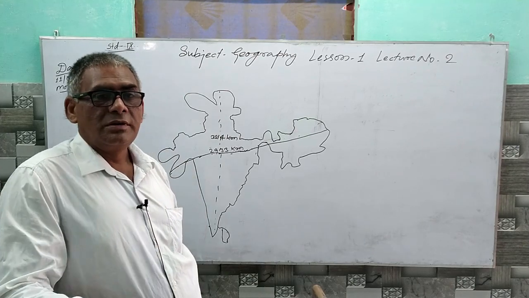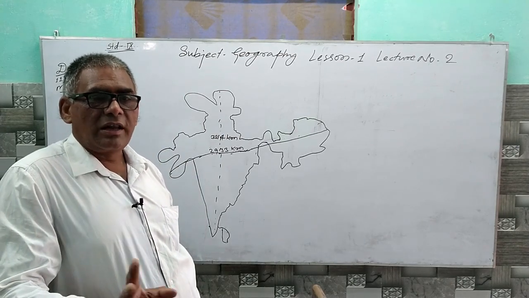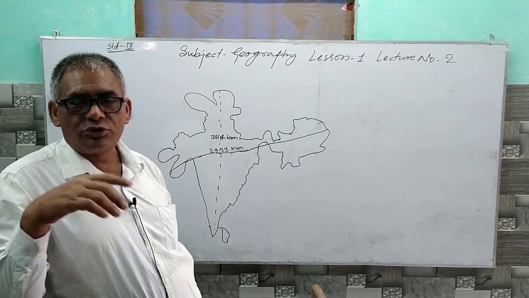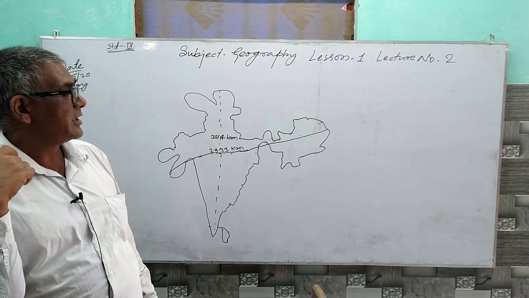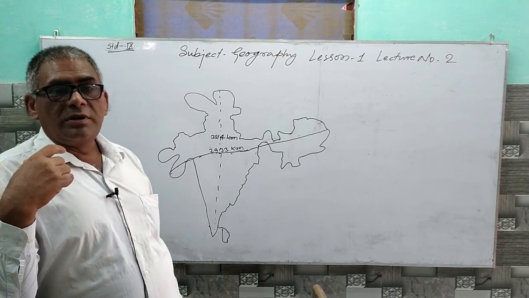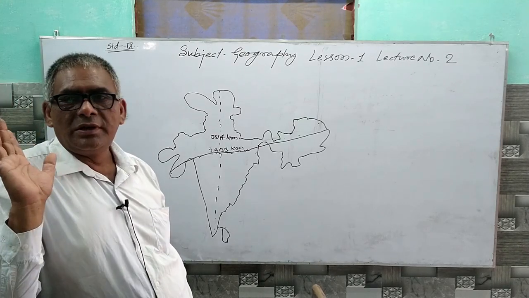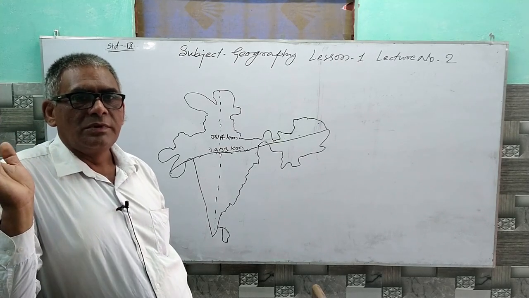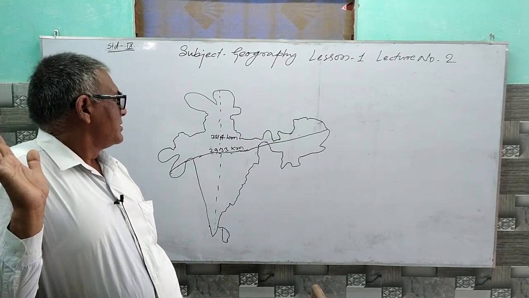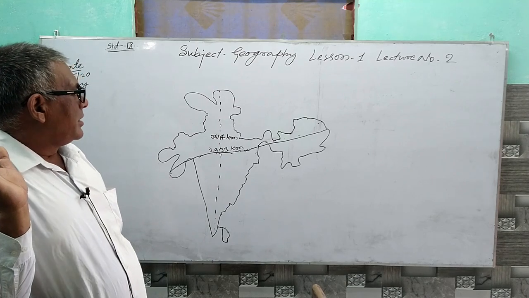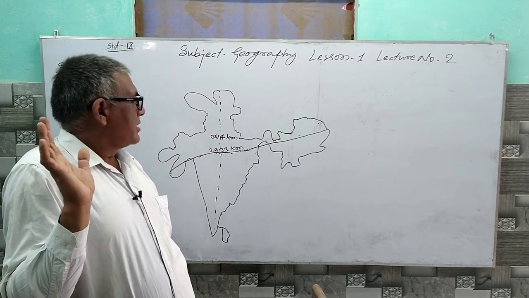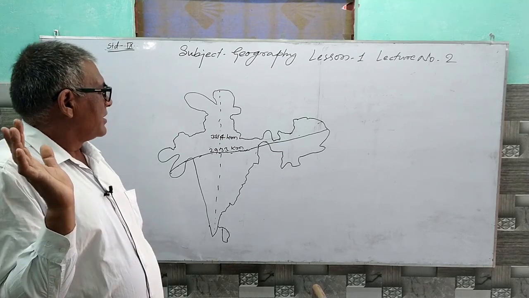You have seen in that class what is the latitudinal and longitudinal extension of this country. You have also learnt about our neighbors, and you have seen that India has different countries as its neighbors.